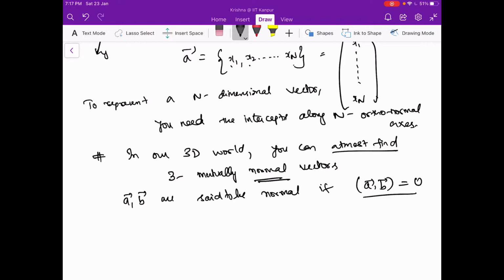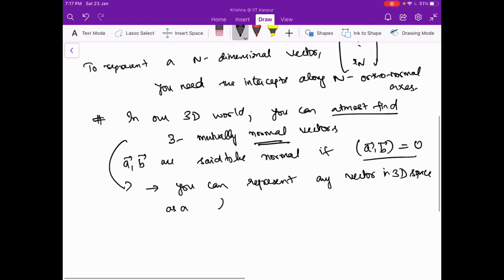Another way to say this is, you can always represent any vector in 3D space as a linear combination of 3 orthonormal vectors. And this is something that we take for granted.